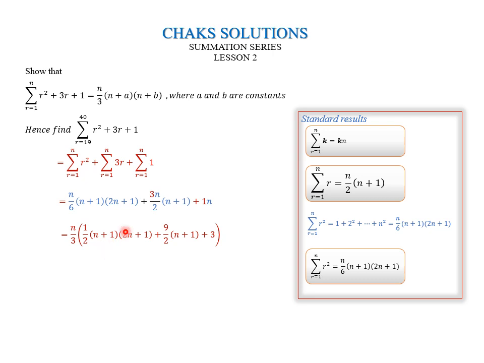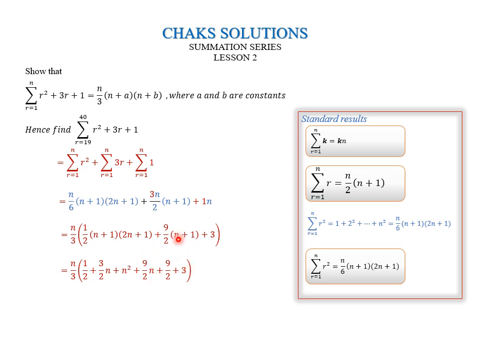The next thing is to simplify this bracket. We have n over 3 outside the bracket. Expanding and multiplying with half, we get half plus 3n over 2 plus n squared. Then multiplying with n over 2, we get n over 2 n plus n over 2 plus 3.